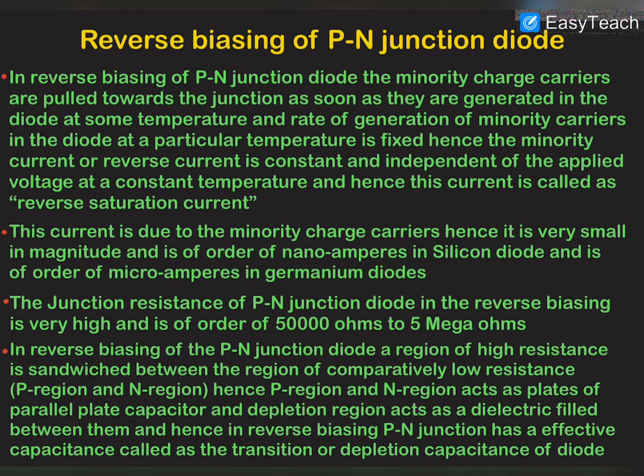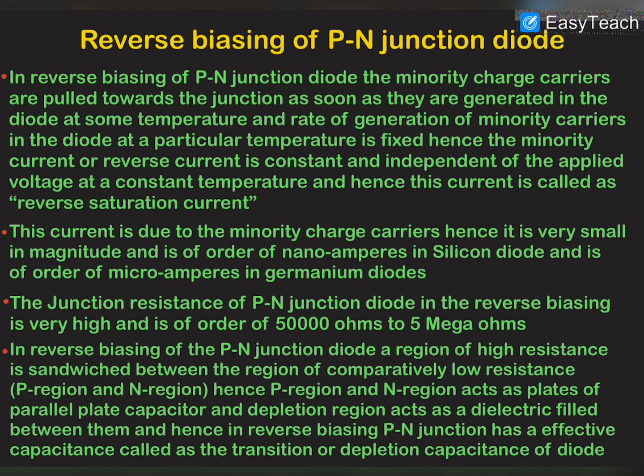So the reverse current would be constant and independent of the voltage applied, because if you are increasing the voltage, the minority electrons and holes are already flowing through the junction, so there would be no extra electrons and holes available for current. So the reverse saturation current will be constant and independent of the reverse voltage applied.